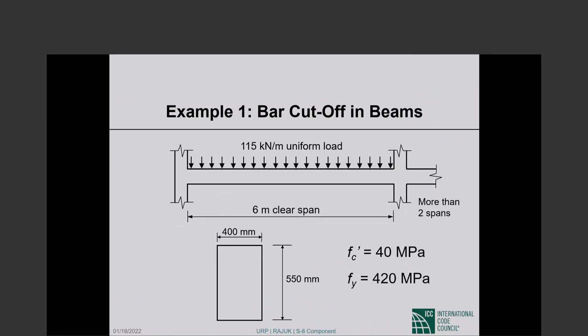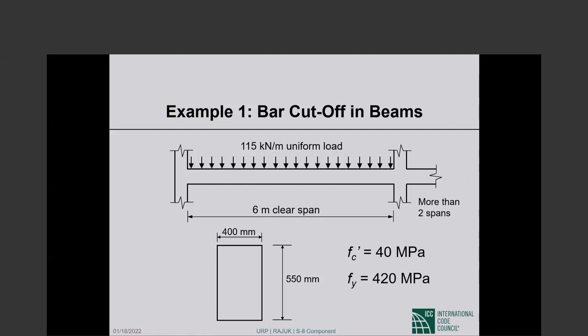Okay, so the first example is bar cutoff in beams. A beam, this is the end span. It continues over several spans, more than 2. 115 kilonewton per meter is the uniform load. 6 meter clear span.